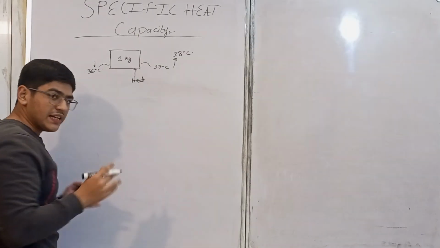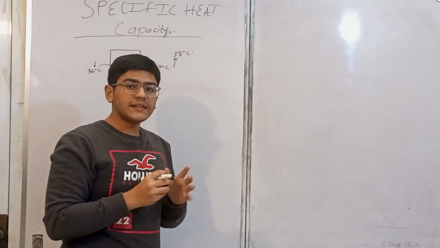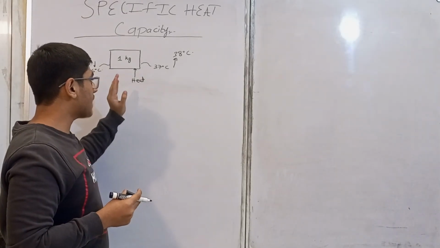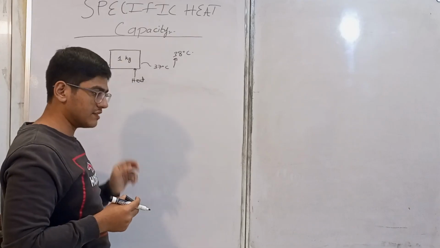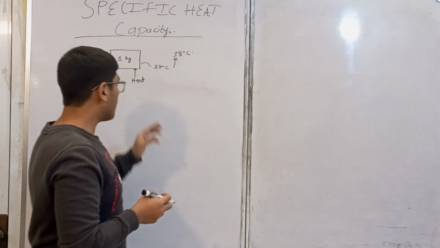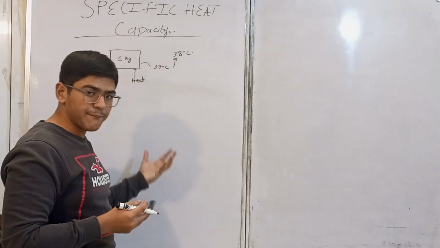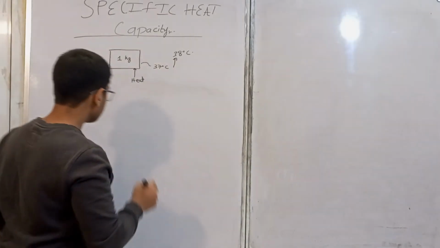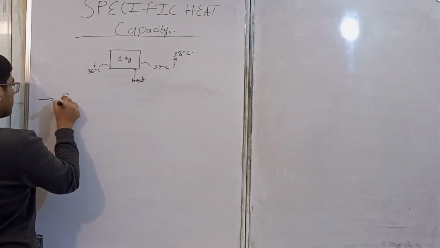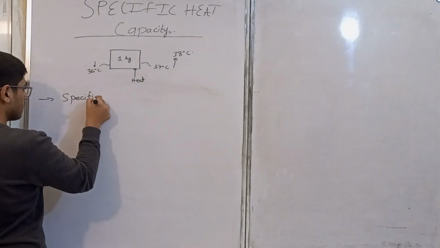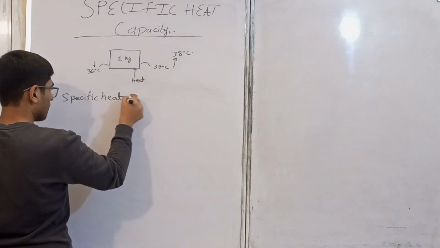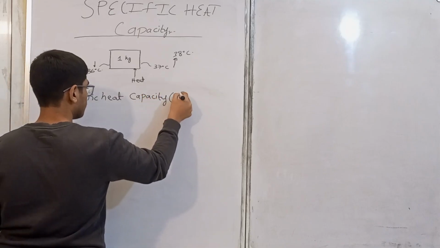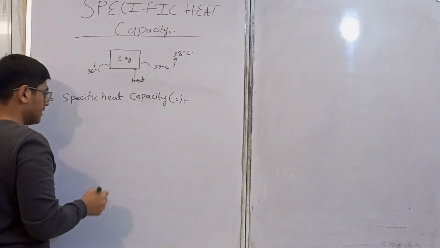So if we define specific heat capacity, it is the amount of heat energy required to change the temperature of 1 kg of a substance, or per unit mass of a substance, by 1 degree Celsius, whether we increase the temperature or decrease the temperature. Specific heat capacity is represented by small c.